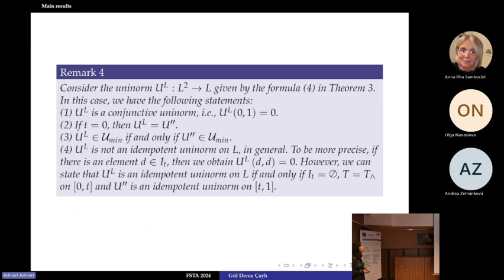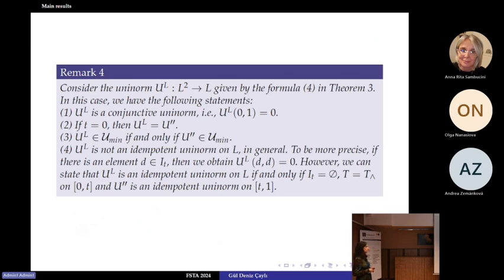And if we consider this uninorm, we can see that this uninorm is conjunctive, and if T is equal to 0, then it coincides with the uninorm U double prime. It is in the class of U min if and only if U double prime is in the same class.